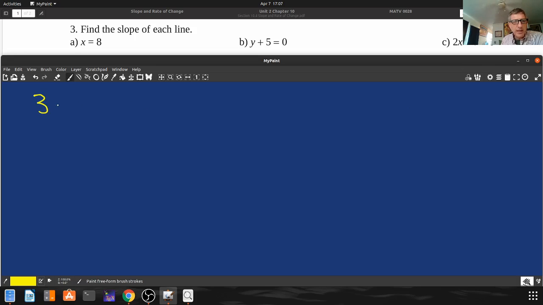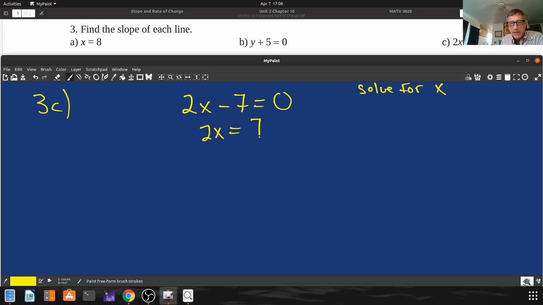So 3C gives us 2x minus 7 is equal to 0. Notice there's no y in here, so we solve for x. When there's only a single variable, whether it's x or y, then we solve for that variable. In this case, we solve for x. So that gives me 2x, I move the minus 7 over, and it becomes plus 7. And then I divide both sides by 2.